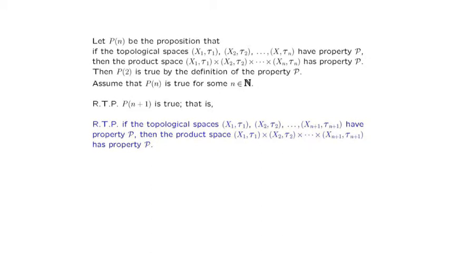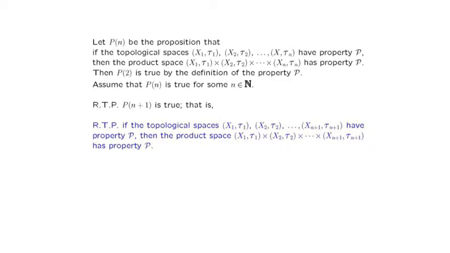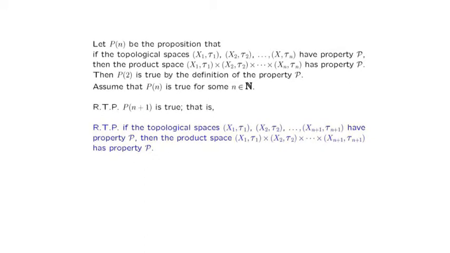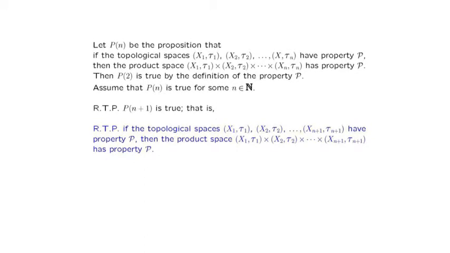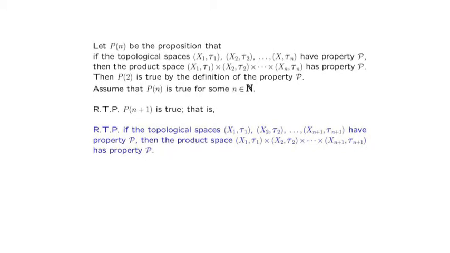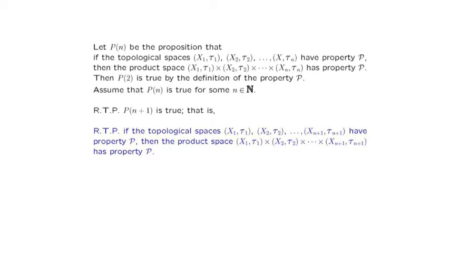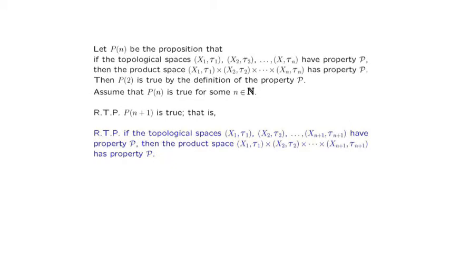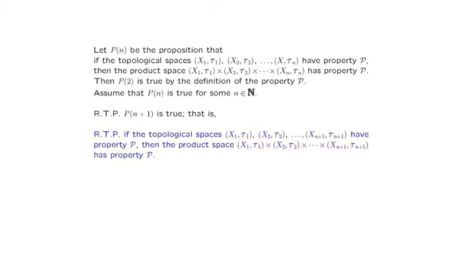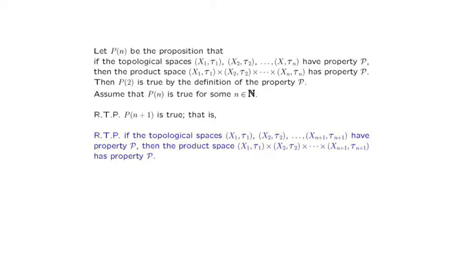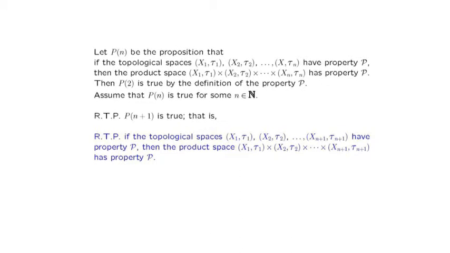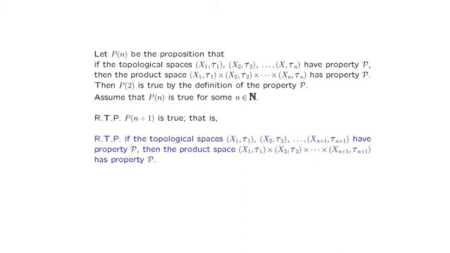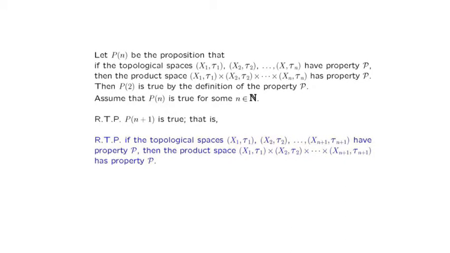It's the proposition that if the topological spaces X1, τ1 up to Xn+1, τn+1 each have property P, then the product space X1, τ1 times X2, τ2 up to Xn+1, τn+1 also has property P. So assuming P(n) is true, we have to prove P(n+1) is true.